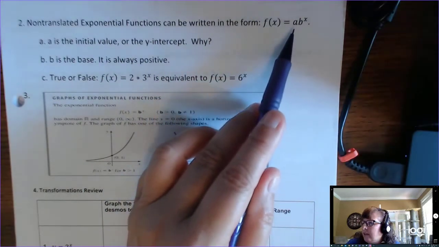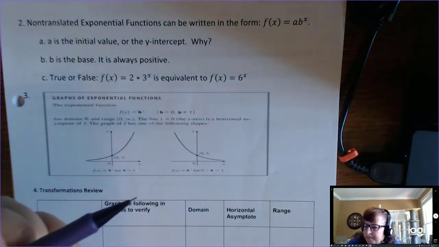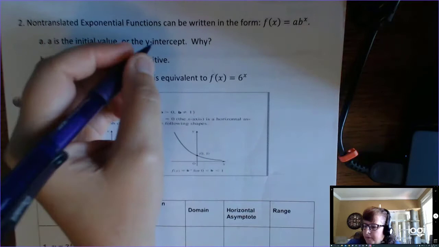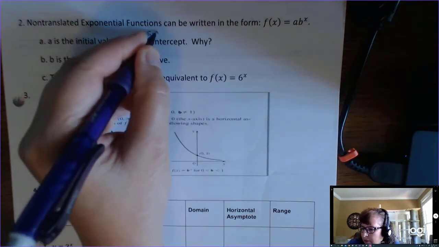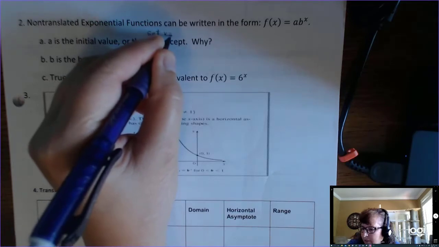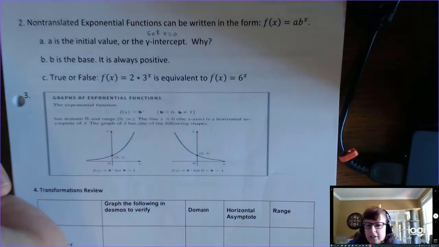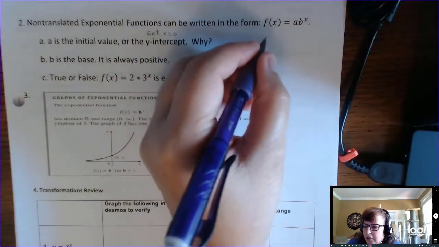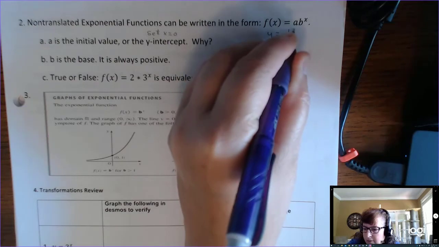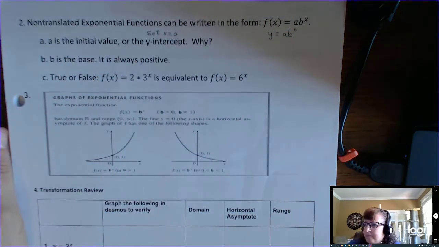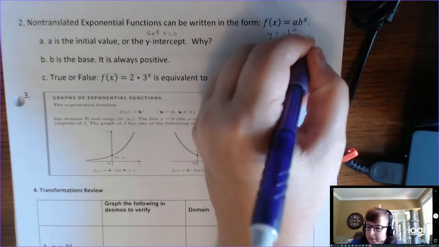The reason is because to find a y-intercept, you always set x equal to 0. That's how you find a y-intercept, and that won't change. You have to memorize that. So if I change f of x to y and put 0 in for x, then you have to remember PEMDAS.